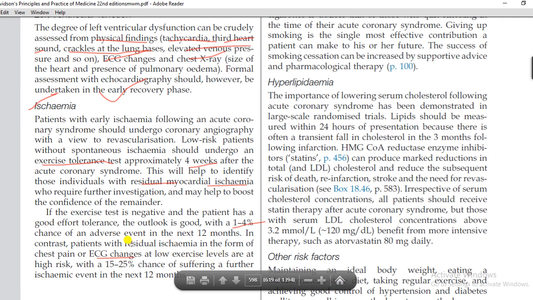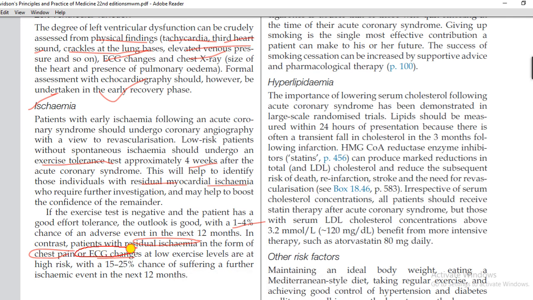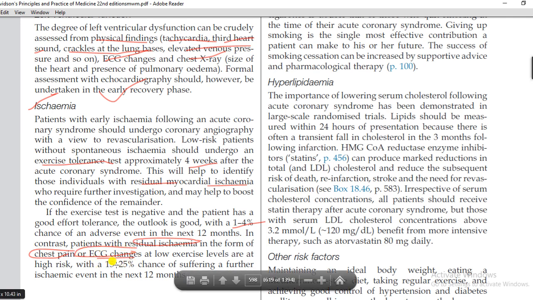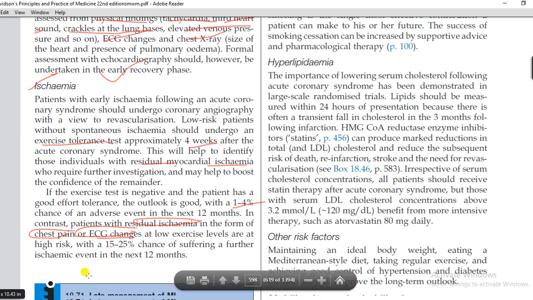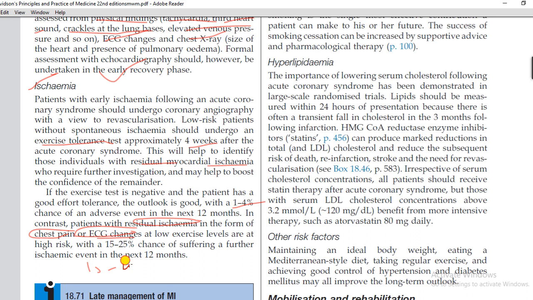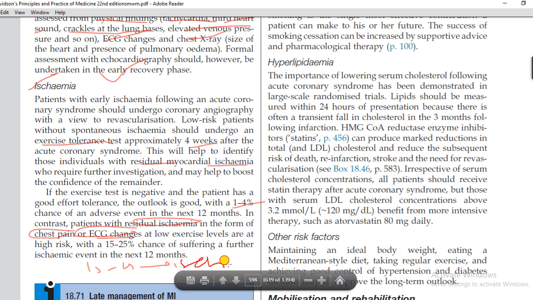So who are the high risk? The patients who have residual ischemia and chest pain along with some ECG changes have a 15 to 25% chance of suffering further ischemic events in the next 12 months.